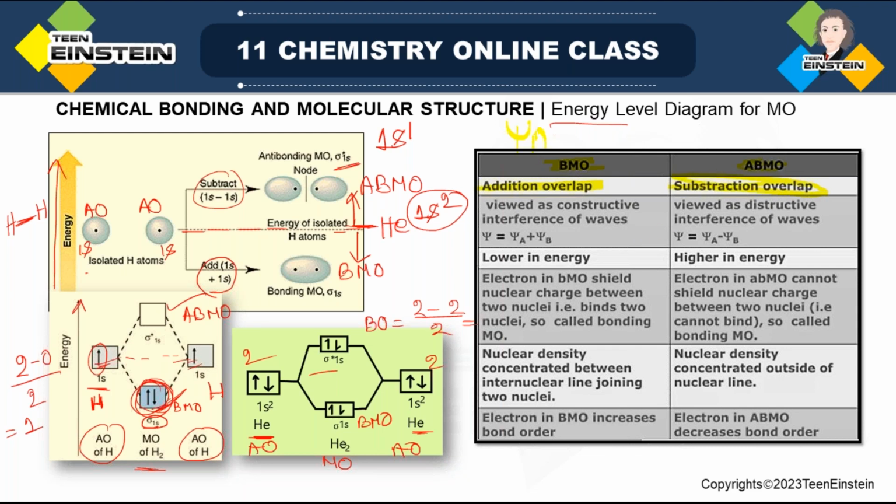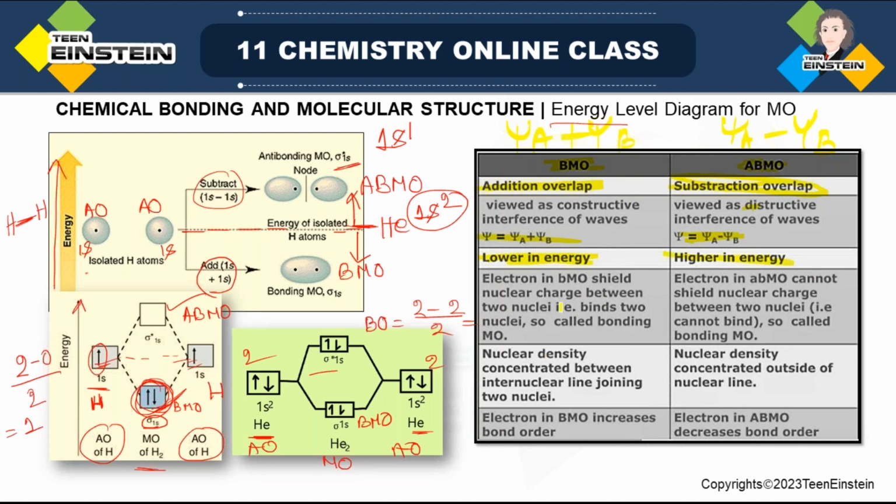In this case what we do is psi A plus psi B, but in this case it is psi A minus psi B. So BMO is formed by constructive interference and ABMO is destructive. BMO is lower in energy, and ABMO is higher in energy, which you can understand from these diagrams.